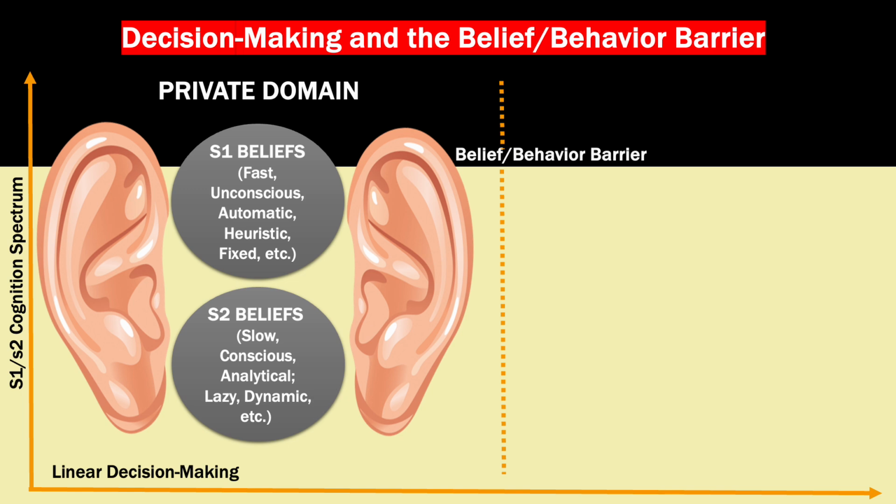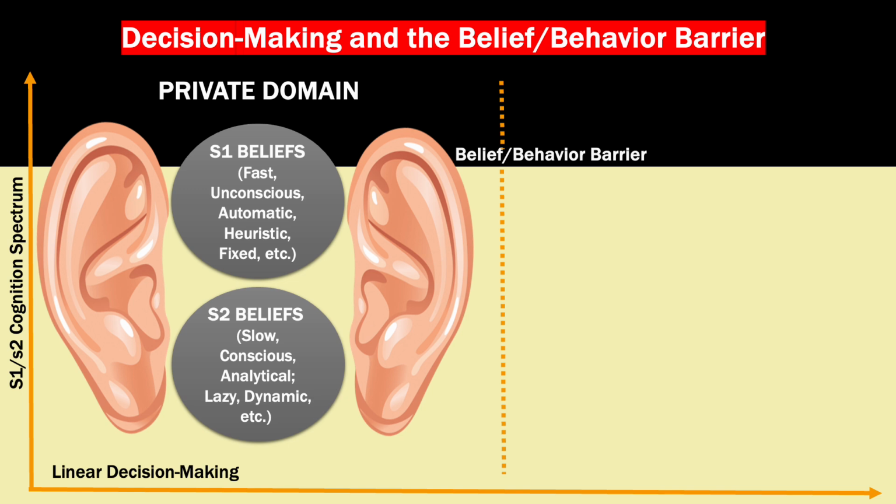S1 or System 1 beliefs, which can also be used interchangeably with attitudes or philosophy. S1 is where irrational beliefs, including those that lead to addictive behavior, tend to thrive. S1 beliefs also tend to be fast, automatic, unconscious, fixed, and rigid, and where heuristics and biases are also well represented.